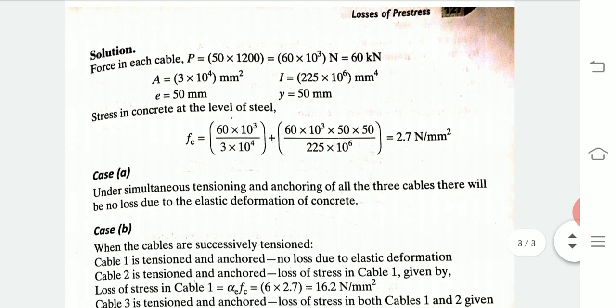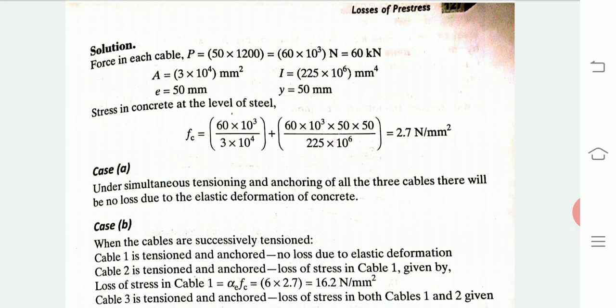Firstly, let us find the force in each cable, because again the stress value is given, which has to be multiplied by 50, the area of each cable. Therefore each cable will have a pre-stressing force of 60 kilonewton.